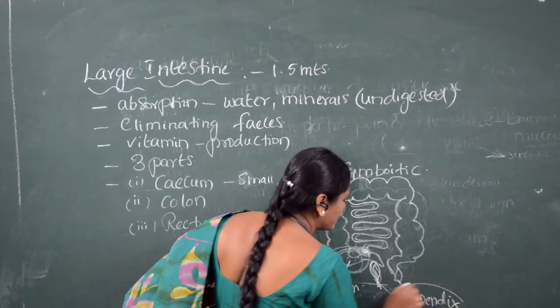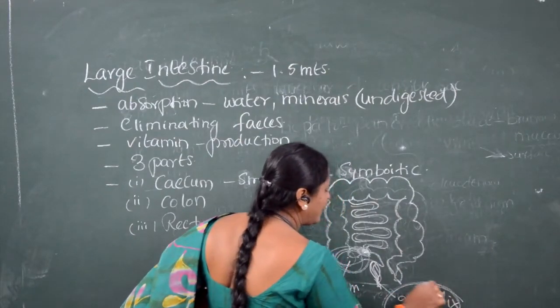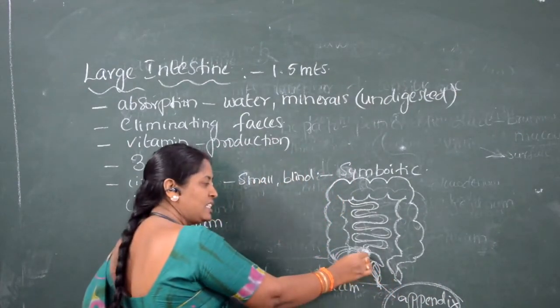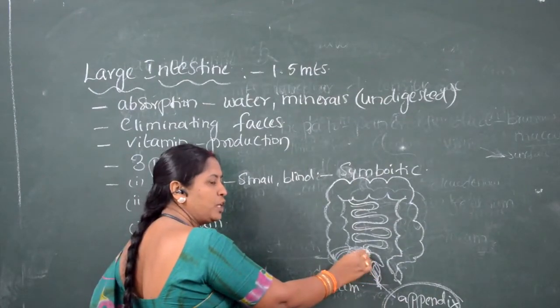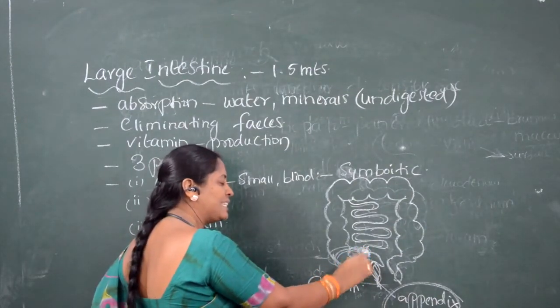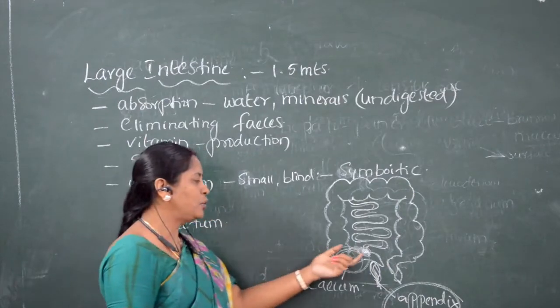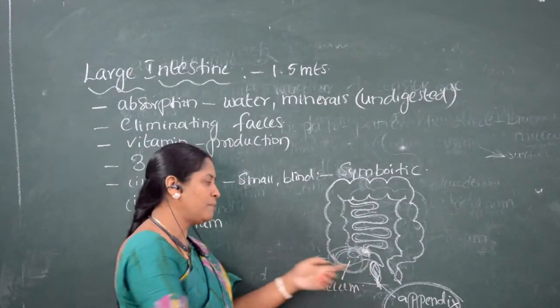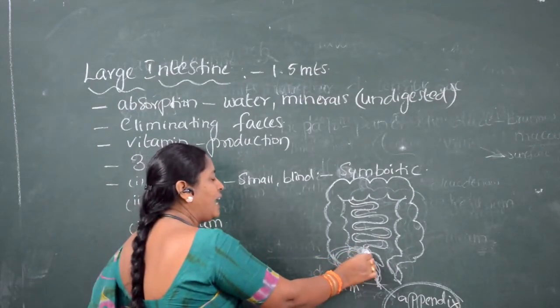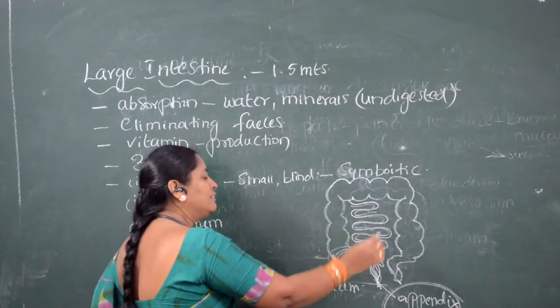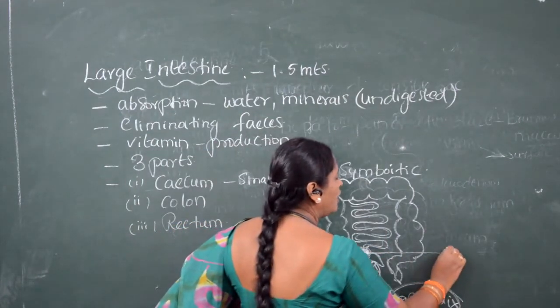The vermiform appendix is a part which is formed at the union of the ileum into the cecum. At the union of the ileum into the cecum, a valve is present.